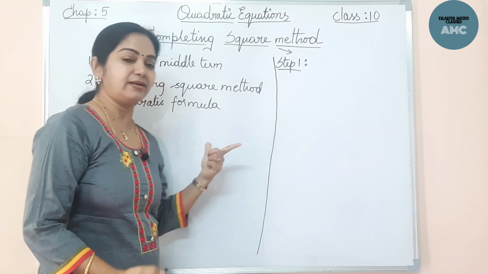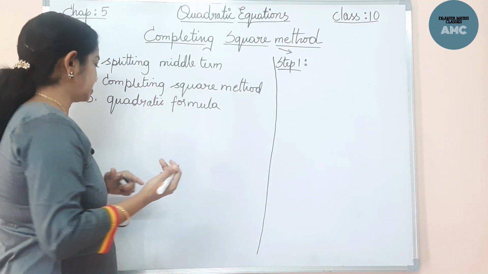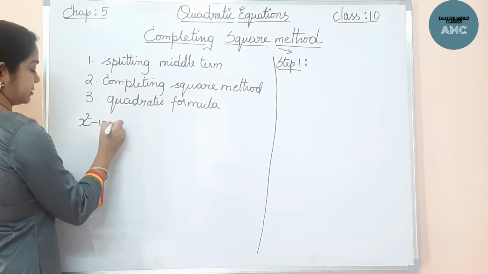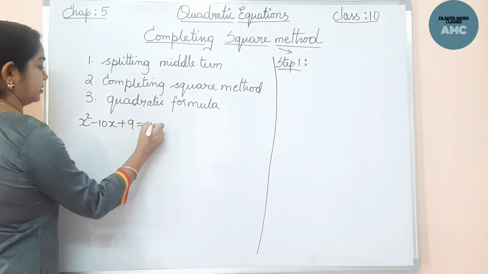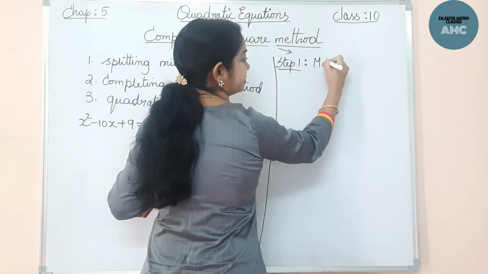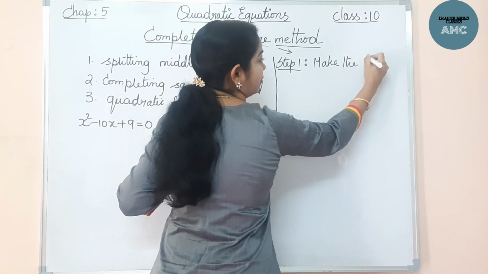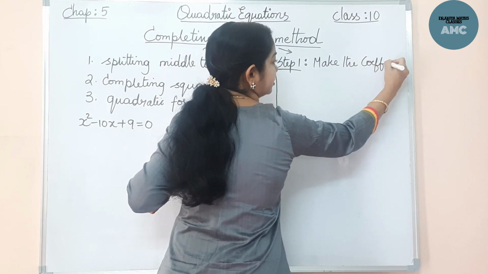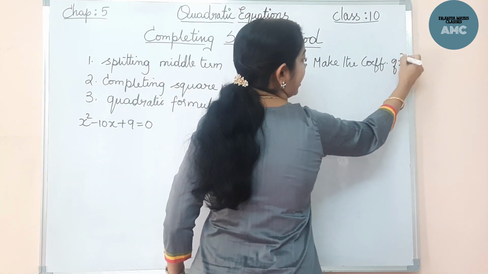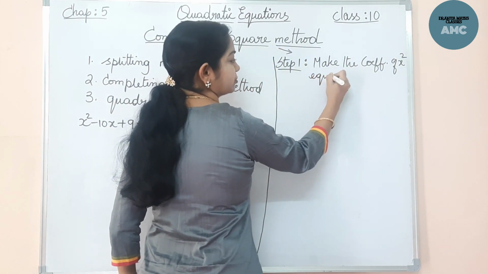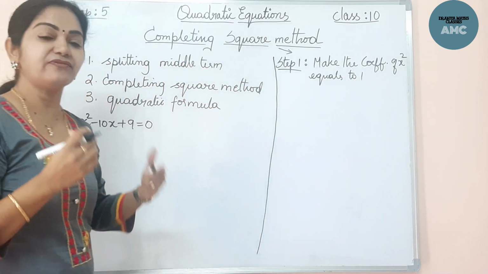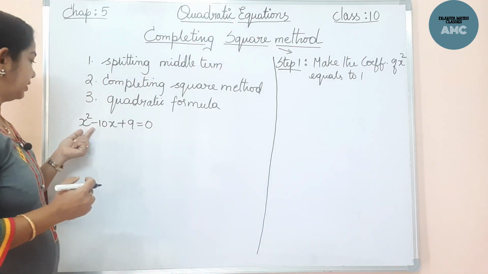Step 1: when you take a quadratic equation, suppose let me take x square minus 10x plus 9, some equation, you have to make the coefficient of x square equal to 1.